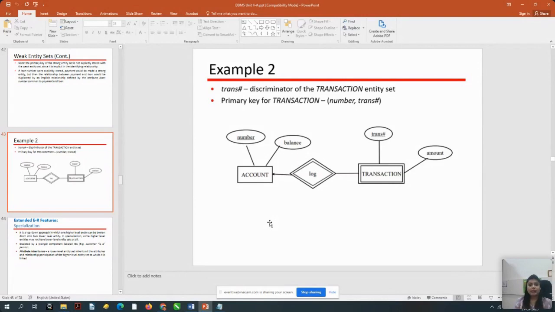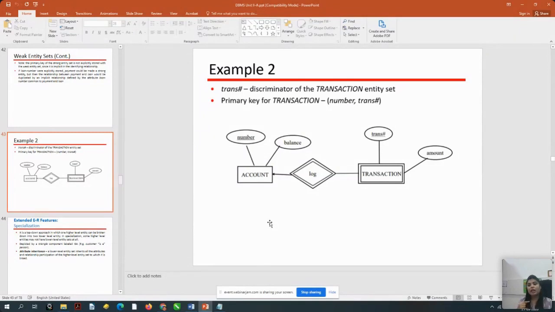So when we link the account number and the transaction, then definitely they will form the primary key of the weak entity set, which becomes the account number and transaction number. And now if we have the account number and transaction number, then definitely we can trace the amount of transaction made from that particular account number.